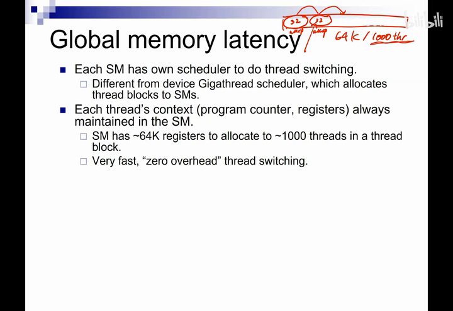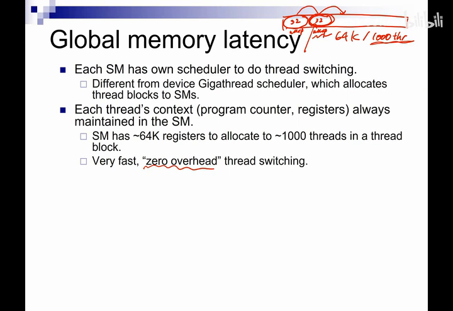And once you have this new set of registers, they define all of the state needed to run this warp, and so now we can start executing the next warp. This incurs very little overhead, because all you need to do is switch this one pointer between different chunks of registers.